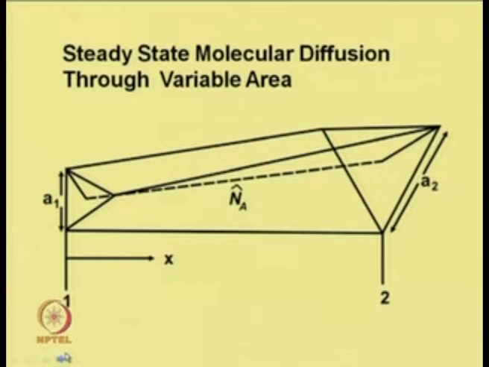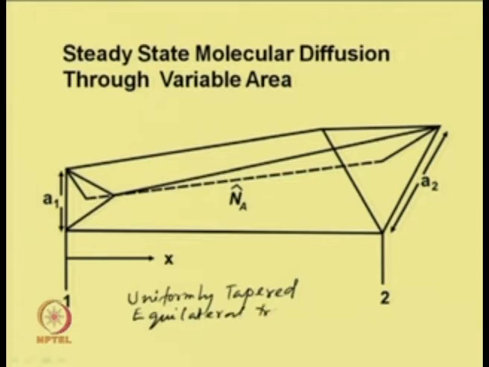So, now consider steady state molecular diffusion of component A through an equilateral triangle, which is uniformly tapered, where the diffusion, this is point 1, from this plane it is diffusing to point 2, where the Na cap is the diffusion rate of component A and the cross sectional area is varying along the length of the conduit.